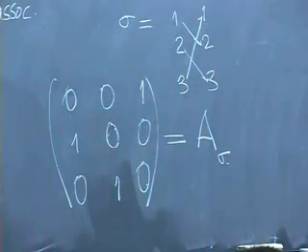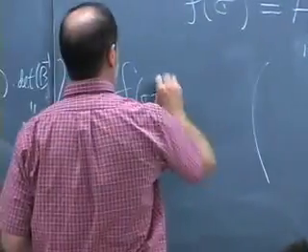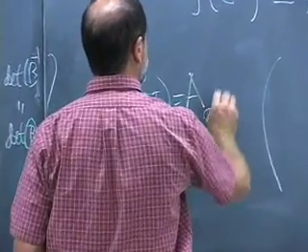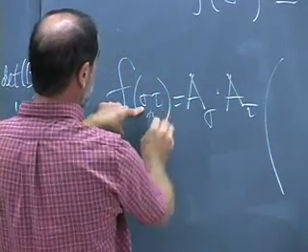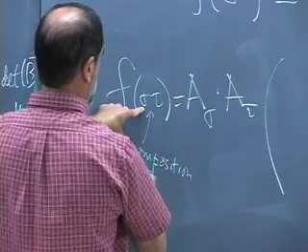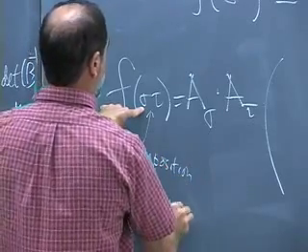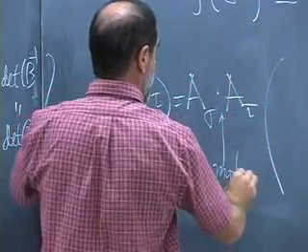Now, one thing you have to check is that this is a homomorphism. So you have to check that when you apply F to the permutation sigma tau, you get A_sigma times A_tau, where this is composition of permutations, and this is matrix multiplication, because that's the multiplication law there.